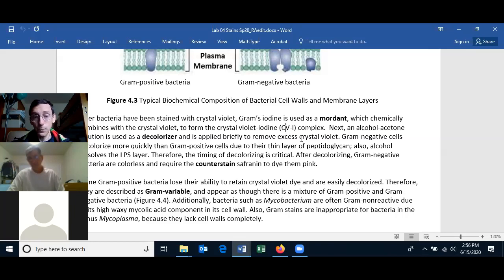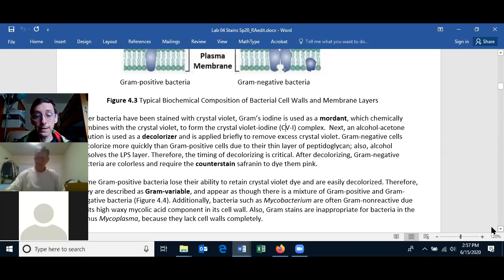And then you immediately water rinse to get the decolorizing agent off the slide, because if it's still on the cells, even a tiny bit, it will continue pulling out the crystal violet iodine complex from the gram-positive cells, and we don't want that. So you immediately water rinse, remove the water, and then you stain with safranin, which is the counterstain, and it will stain any of the cells which are clear, which hopefully are the gram-negative cells, and they'll stain a pinkish color. Okay?